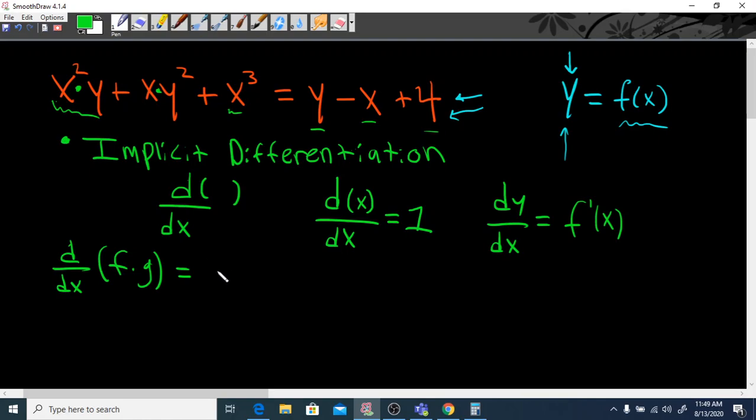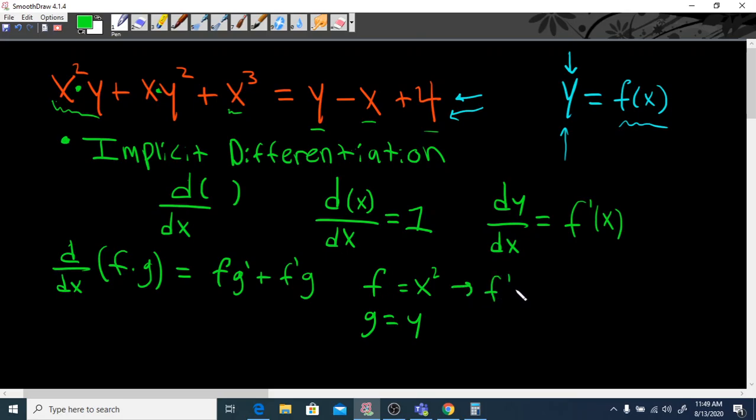The product rule is just that: you take the derivative of one of them, leave the other one alone, and then plus, take the derivative of the other one, leave the first one alone. So for this first little term here, my f is x squared, and my g is y.